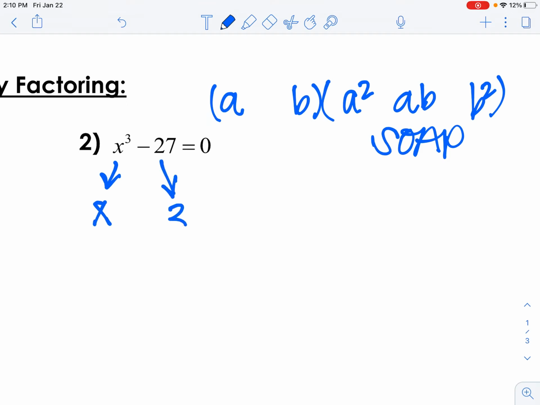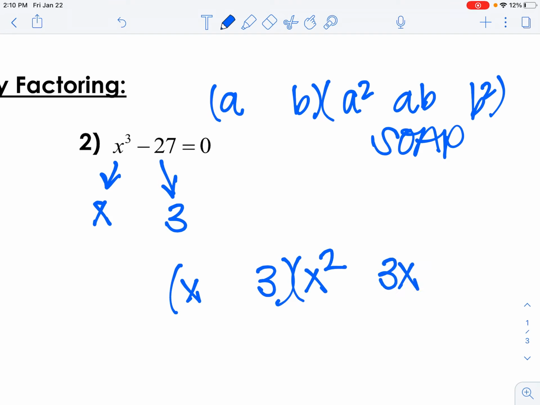To get 27, we cubed 3. So we'll have x and 3. Then x squared, we square the first term, multiply the two together, 3 times x or x times 3 is 3x, and then square the last one to get 9. Now our original sign was negative, so this will be same, opposite, always positive.